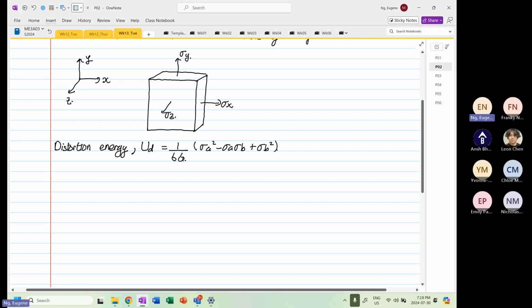Stress A and stress B are the principal stresses in the 3D Mohr's circle, and G here is the modulus of rigidity.